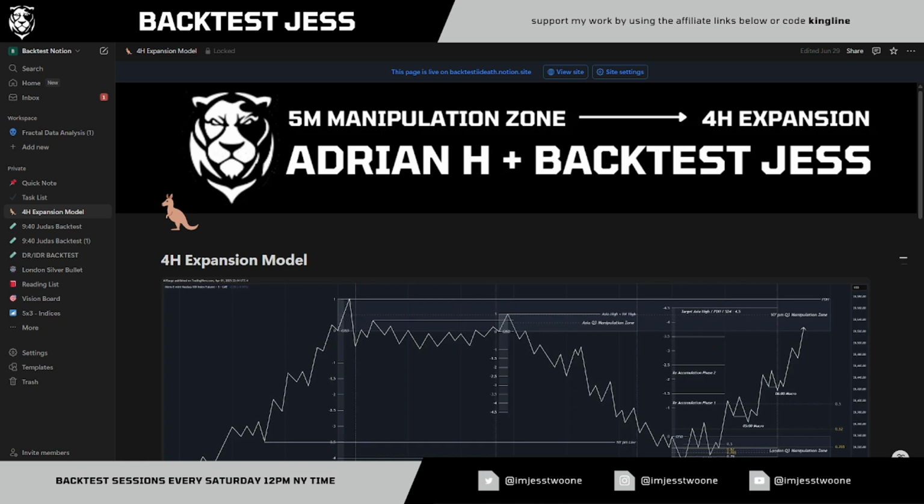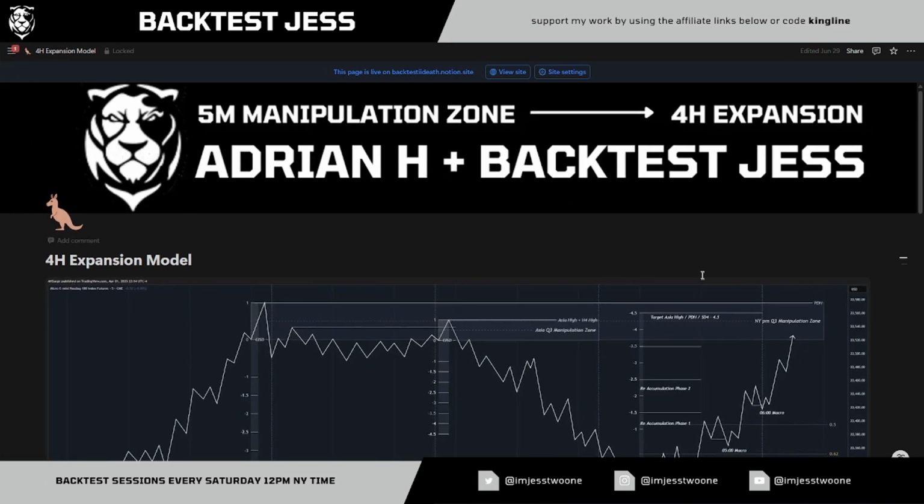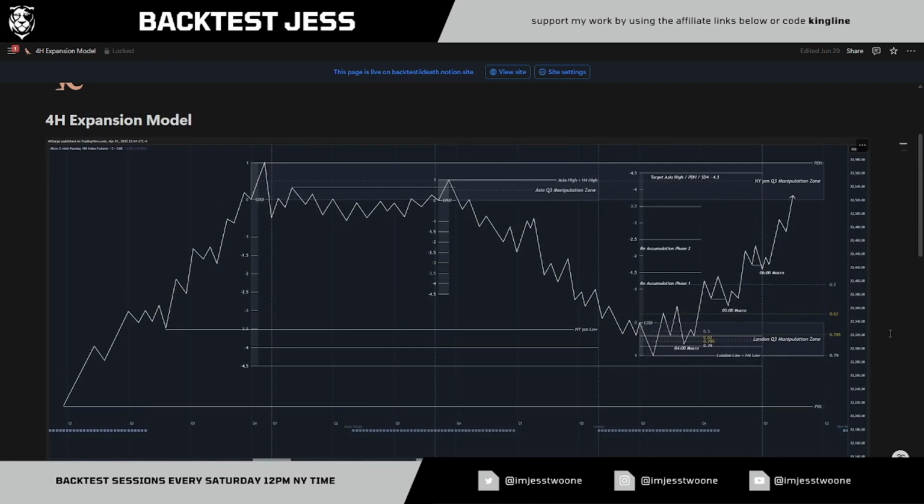Okay, so the model that we have been backtesting since April is Adrian's 5-minute Q3 model. The point of this model is to catch the 4-hour expansion. So in summary, at the beginning of every 4-hour candle, there is a Q3 that is aligned with the beginning of that candle, or just somewhere in the vicinity.